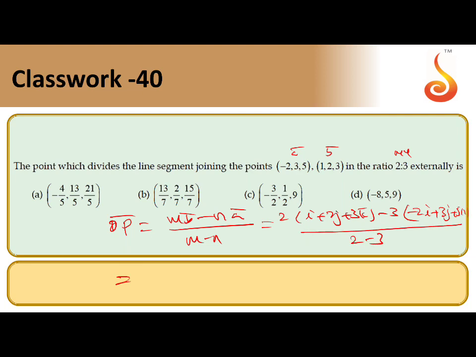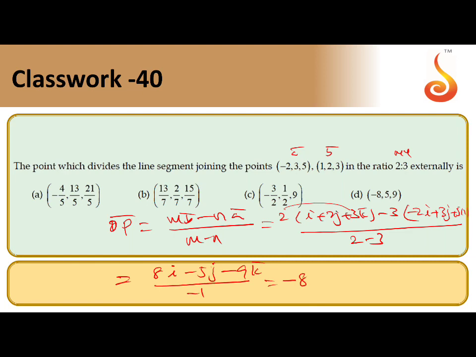So 2i plus 6i, that means 8i. J terms: 2 into 4 is 4, minus 9, 4 minus 9 is minus 5j. Next, 6 minus 15 is minus 9k, divided by minus 1.